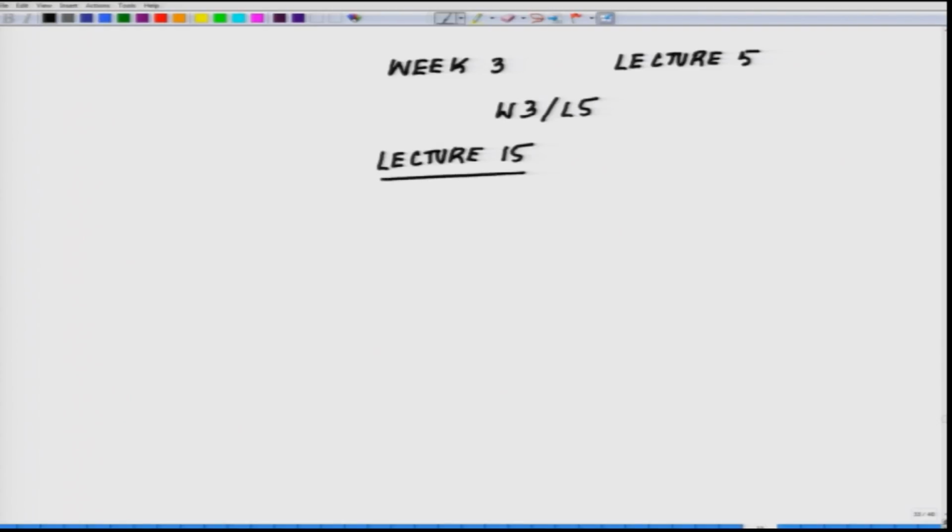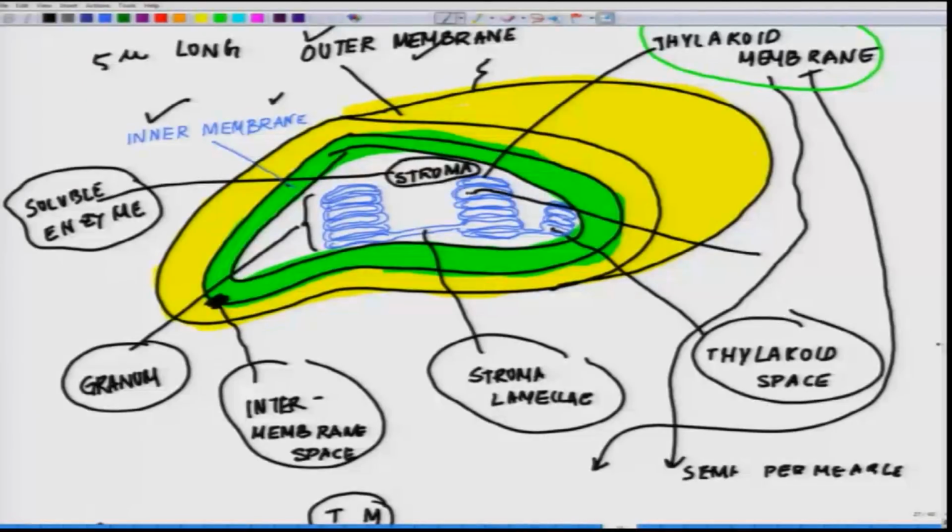Now going back to the structure where I started this week, the structure of the thylakoid membrane. If you look at the thylakoid membrane, you have to keep this structure in mind.